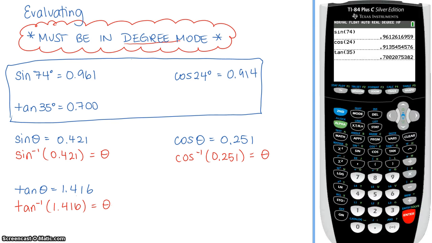So, again, using our calculator, we need a sine inverse function. So we can't just press sine anymore, because that won't work. It won't give us an angle. We need sine inverse. So if you look above the sine button, in blue, there's sine inverse. Second sine, and we put in 0.421. It will then give us a corresponding angle, so 24.9 degrees.